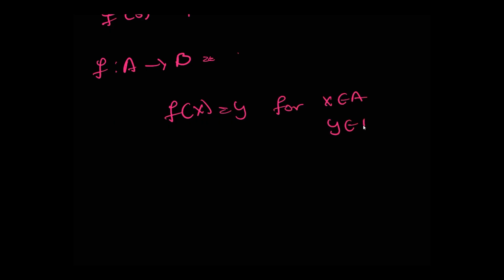Now mathematically, for the mathematical definition, we say a function from A to B is such that f of x equals y for x belongs to A and y belongs to B. The property of a function is that for each x there is only one y.